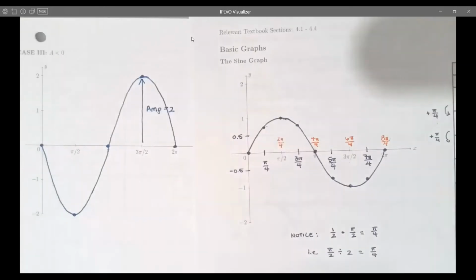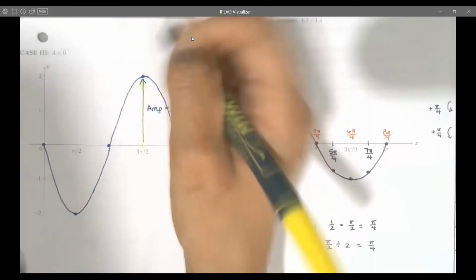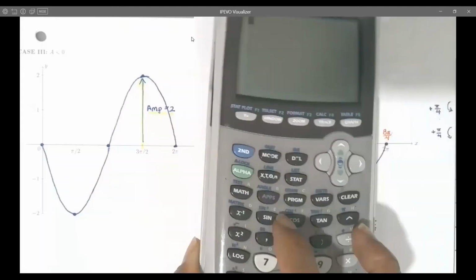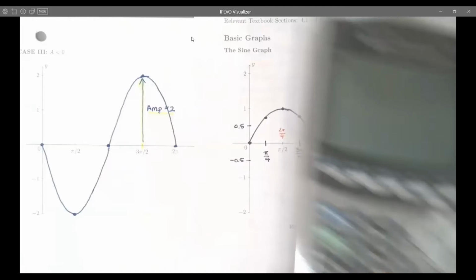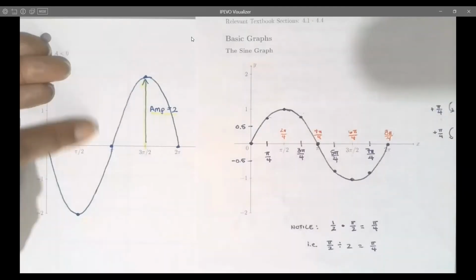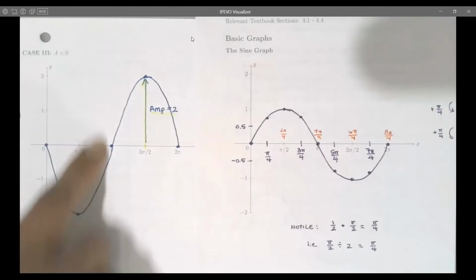What else is happening to the graph that's different from this original one? Is it an inverse? Yeah, so it's not exactly an inverse in the sense that we've learned it, like with cosine inverse or sine inverse, but it is like inverted, right? It is kind of like reflected over. Instead of starting up in the positives, it goes down into the negatives first, and then goes up and down.